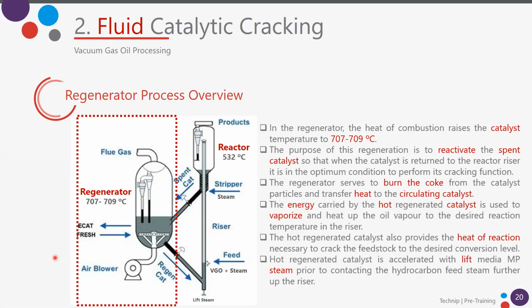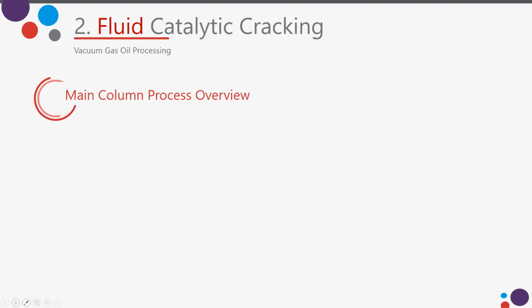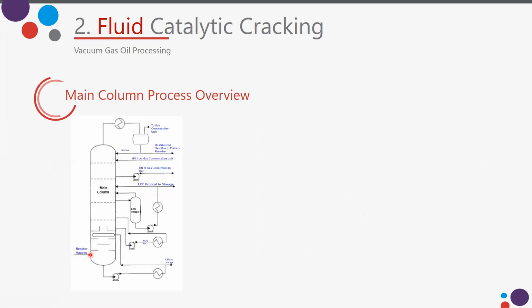Okay. So this is our first section, the regenerator and the reactor. Here you see that we get our products from the reactor that we have to send to the column for the separation of the different products. The product vapor from the reactor flows to the bottom of this main column.